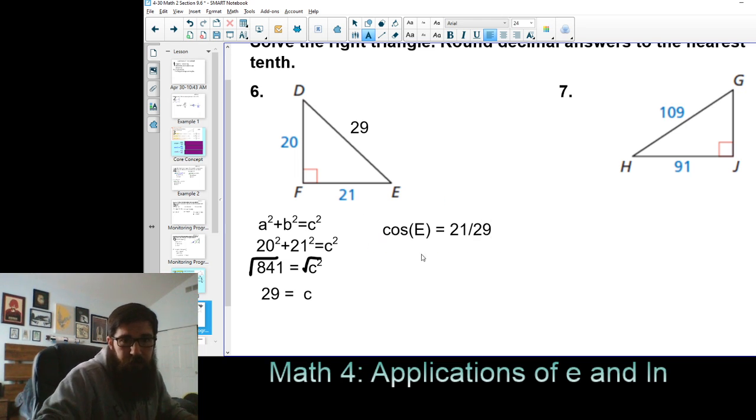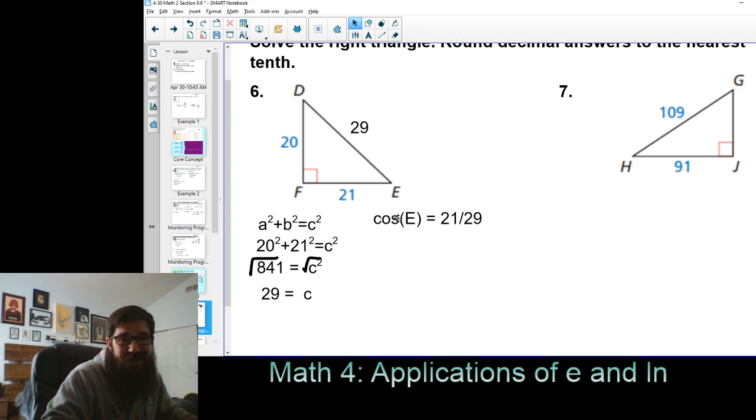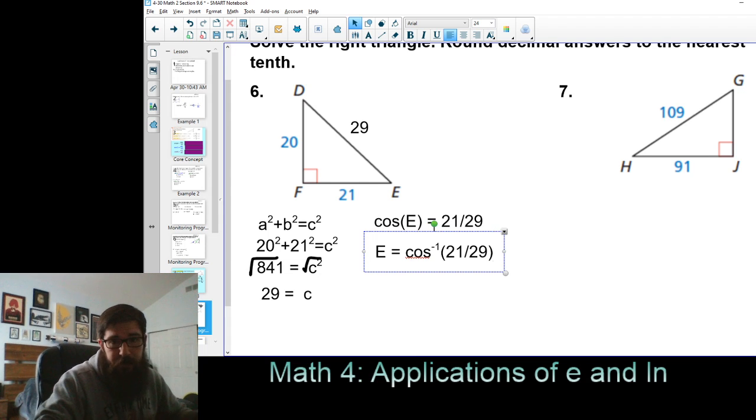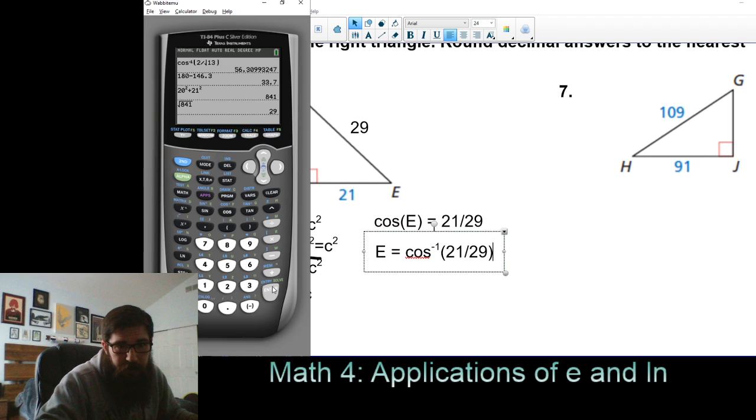What am I going to do to solve for E? Take the inverse cosine of both sides. So it's going to look like this. Calculator time. I don't know what that is. Inverse cos of 21 over 29. Let's see. Inverse cos of 21 divided by 29.